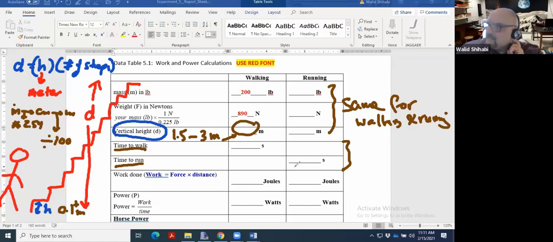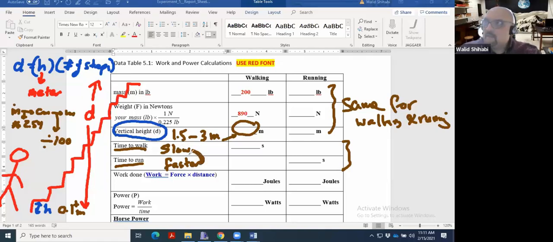Now, again, as I mentioned at the beginning of the semester, if you have a physical condition that does not enable you to run, then for walking, you'll do a very slow walk, and for running, you'll do a faster walk. So don't worry, just walk slower compared to faster.